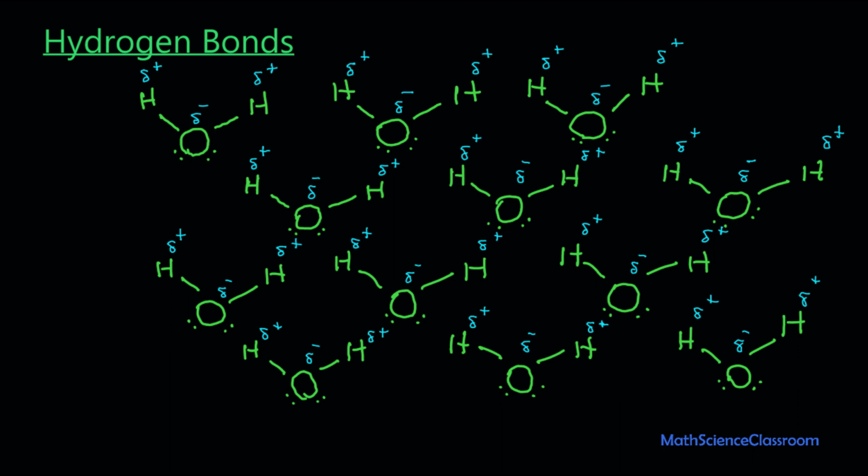So the dipole moment within this molecule is positive at the hydrogens and negative at the oxygen. And in the next molecule, looking at the lower right, we have a partially positive hydrogen, and it would bond with the oxygen at the lone pair, and the bond would look something like this.